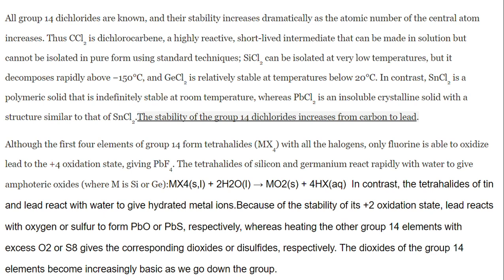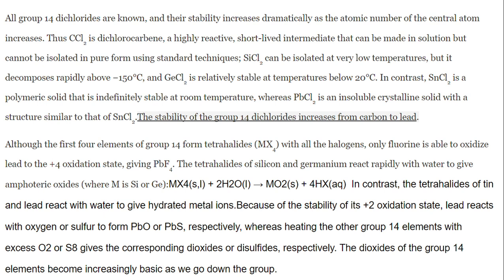The first four elements of group 14 all form tetrahalides, that is MX4, with all the types of halogens. Only fluorine is able to oxidize lead to the +4 oxidation state that forms PbF4, lead tetrafluoride.